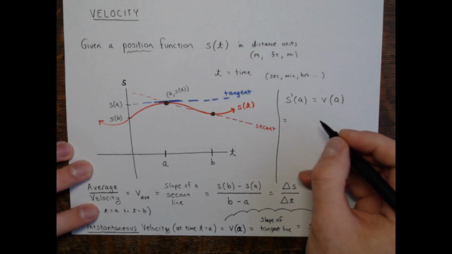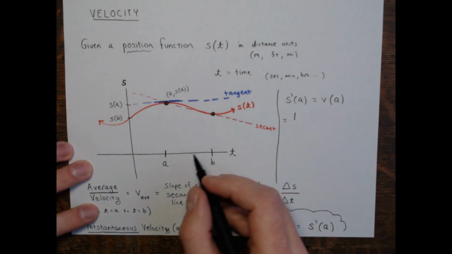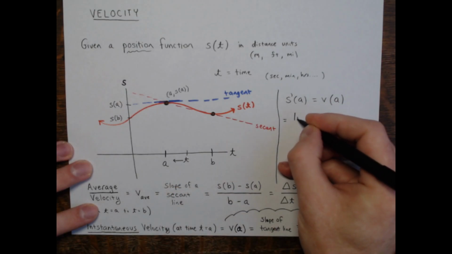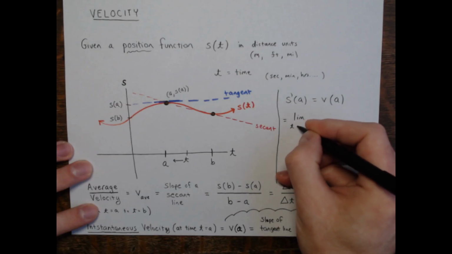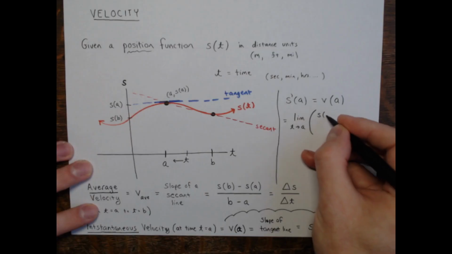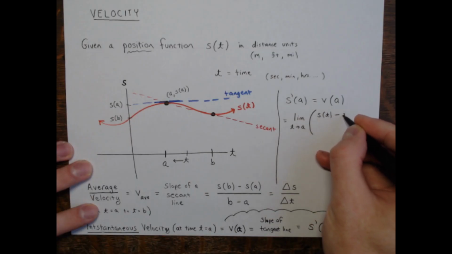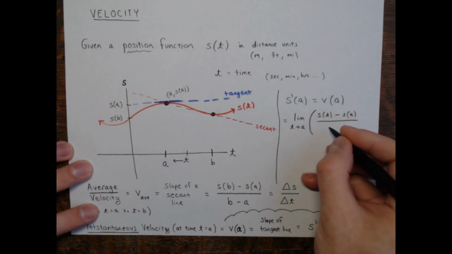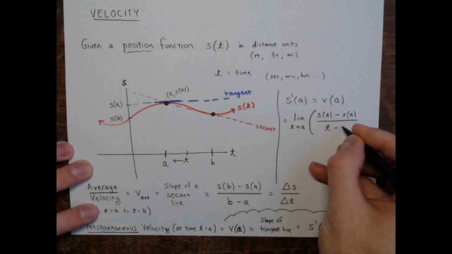And I've got the two definitions. We could say, I go to a and then I pick some t value that's not a and have it approach a, right? I do the limit as t approaches a, as time approaches a seconds, of the position at t minus the position at a, right? There's your rise, the change in position over the change in time, t minus a.